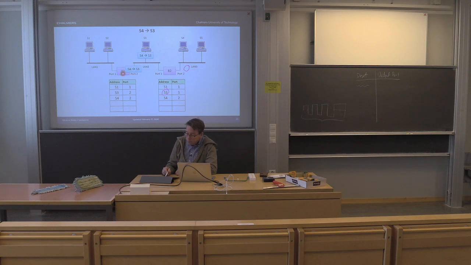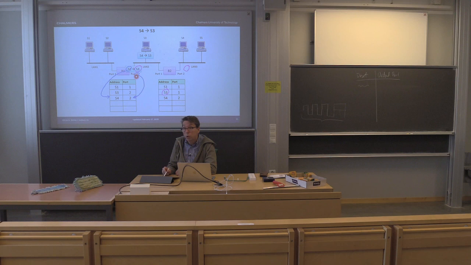Here, bridge number 1 knows, okay, there is an S4 on my port 2, so I put that in here. And then look at, okay, the destination address is S3. What should I do with this? Well, I go into my table here and see S3, okay, it should be sent out on port 2.